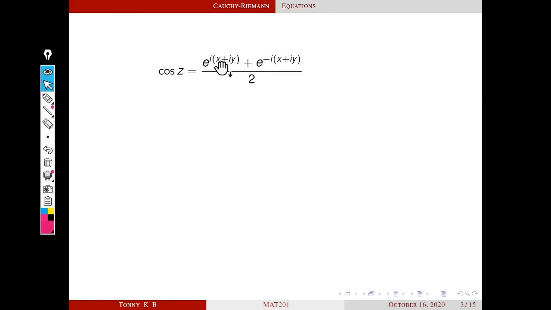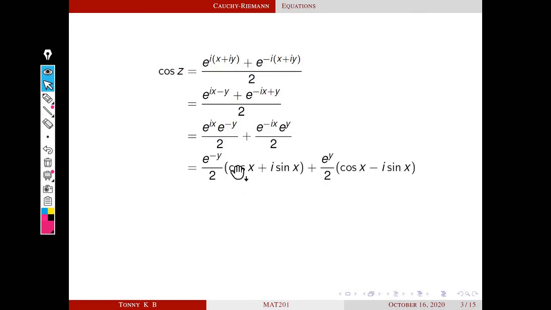Next we expand this bracket, so this becomes e raised to ix minus i into i is i square, that is minus 1, that's why this is minus y, plus e raised to minus ix, and i into i is i square is minus 1, there is one more minus, this becomes plus, so plus y divided by 2. This becomes e raised to ix into e raised to minus y by 2, and similarly this one is e raised to minus ix into e raised to y by 2.